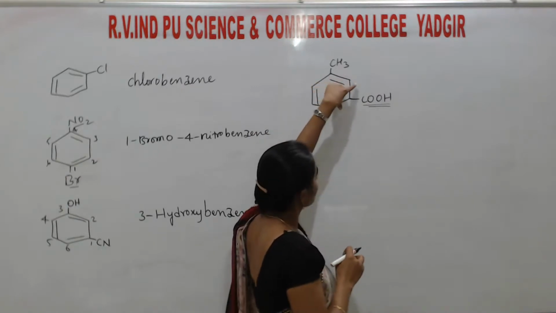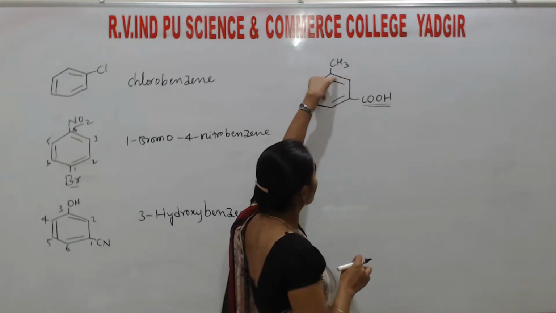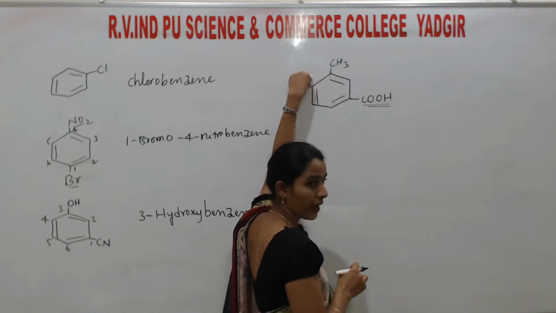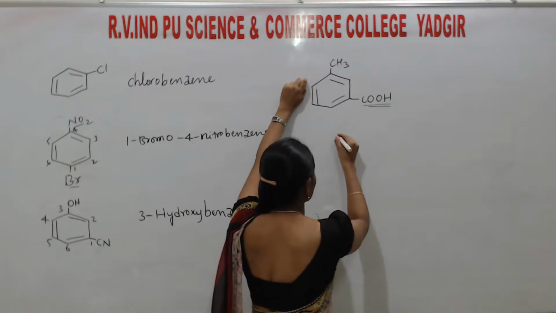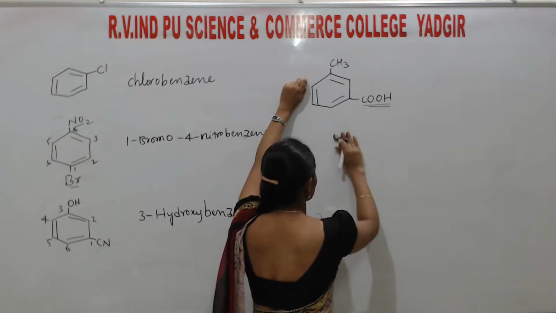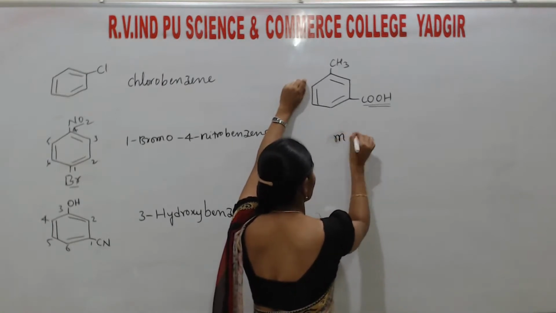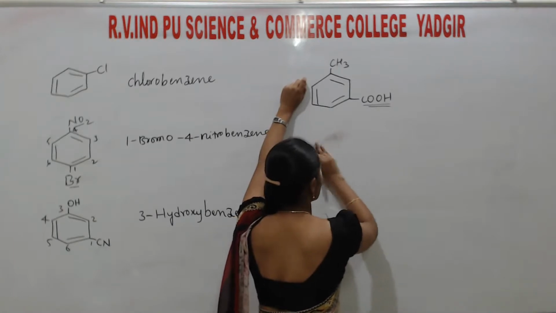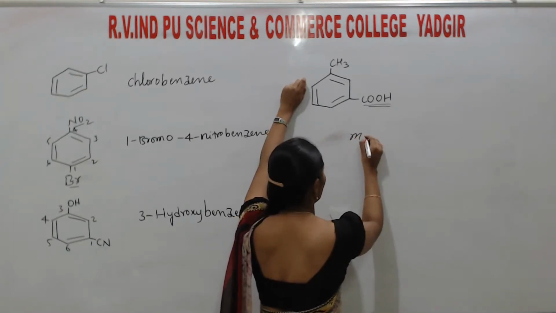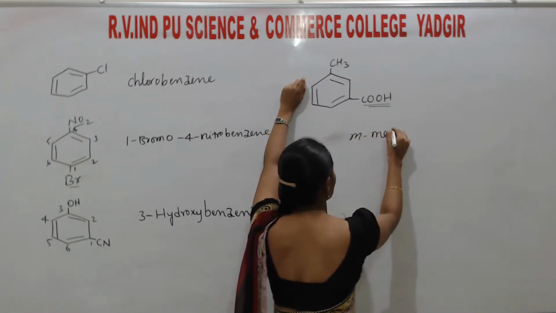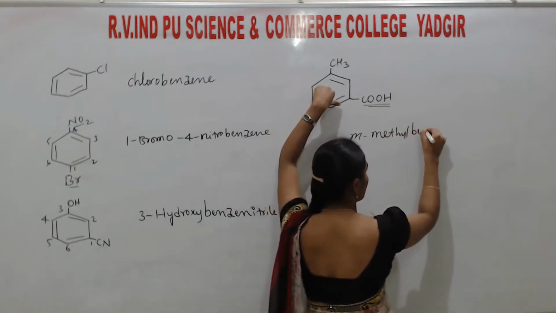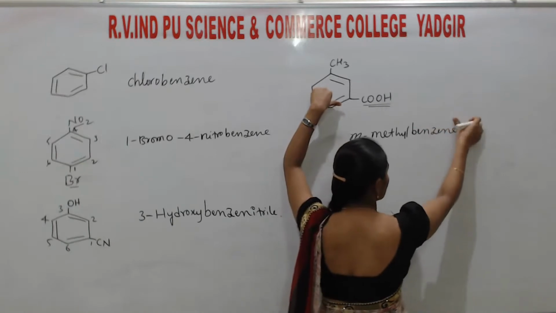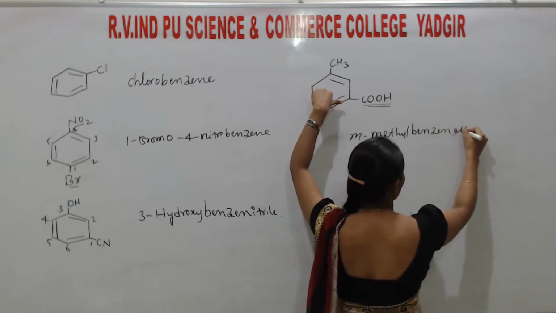Correct? Adjacent are ortho, alternate are meta, opposite is para. Next here, you may write it as meta, in small letters, in Latin, italic, meta, methyl, benzene, where the last E is replaced by oic acid.